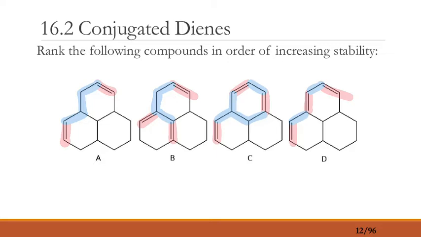So we have 3 in conjugation at the right, and so I'm just going to put 3 conjugated. Here we have this one being isolated, and these are 2 conjugated.